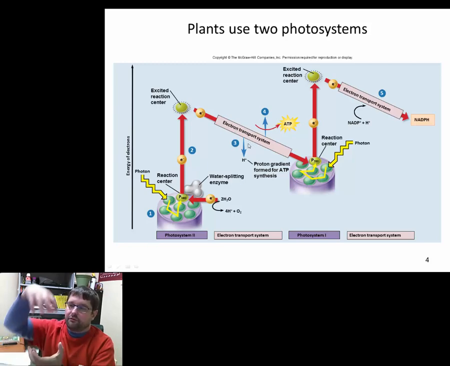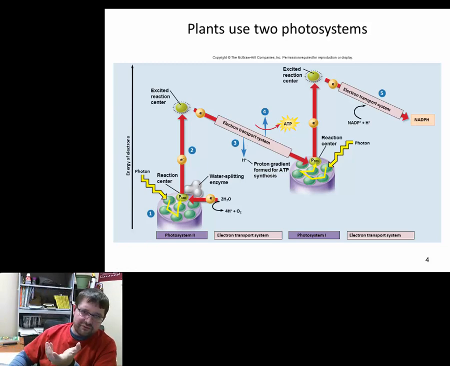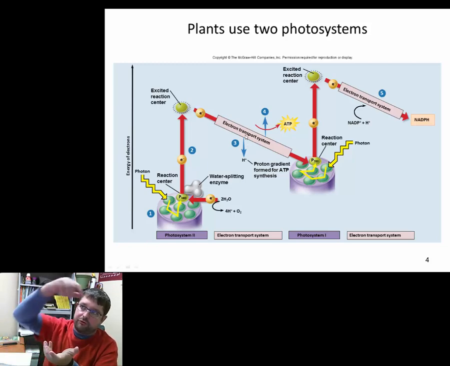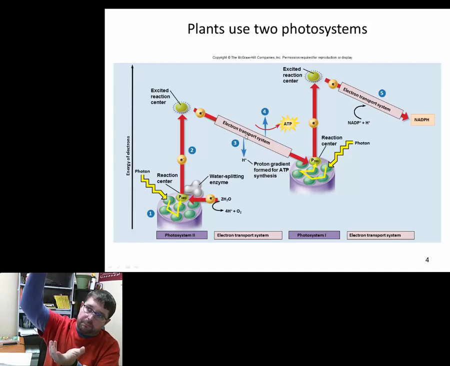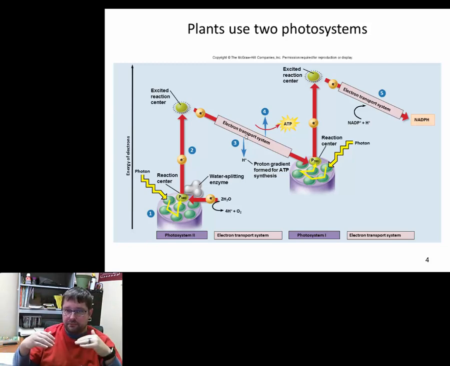So what happens is you have a protein embedded in the thylakoid membrane, and as an electron moves through that protein, a proton or a hydrogen ion moves through that gradient.